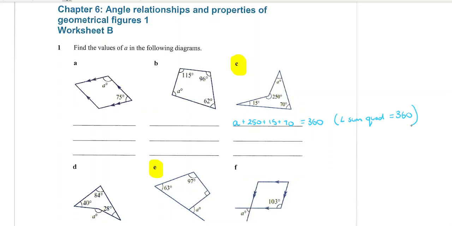Quad short for quadrilateral. Add together the 250, the 15, and the 70. Here's my calculator. 250 plus 15 plus 70 is 335. Okay, then I do the opposite by subtracting 335. My answer is 25 degrees.